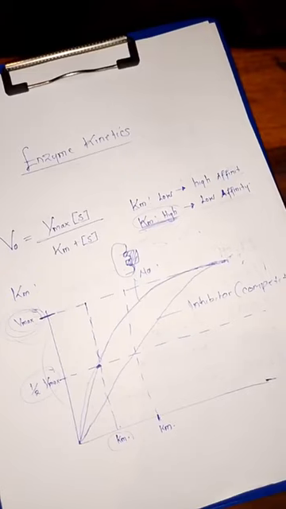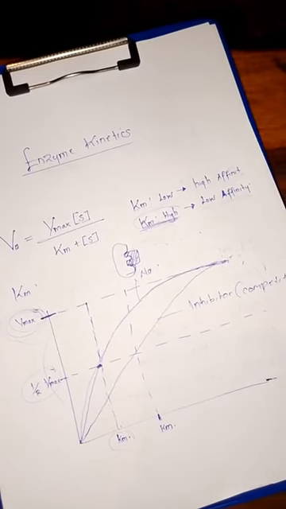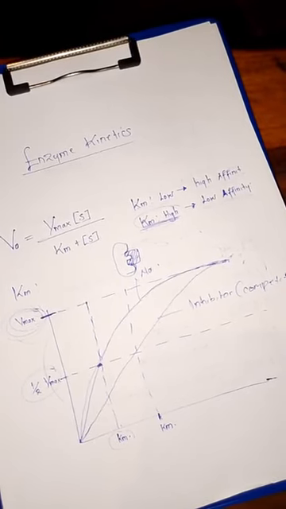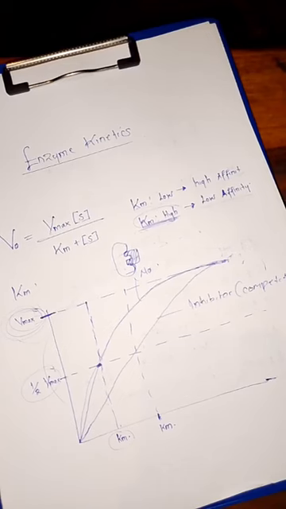Then we also have another one that we call a non-competitive inhibitor. Basically, a non-competitive inhibitor does not compete with the substrate to bind to the active site. No. It binds to a different site, none other than the active site, which is the allosteric site. So a non-competitive inhibitor binds to the allosteric site of an enzyme.